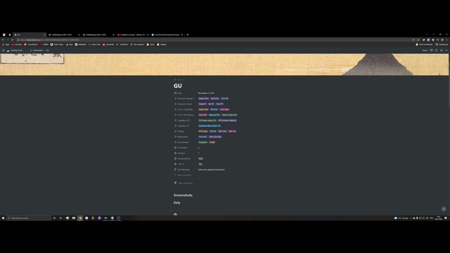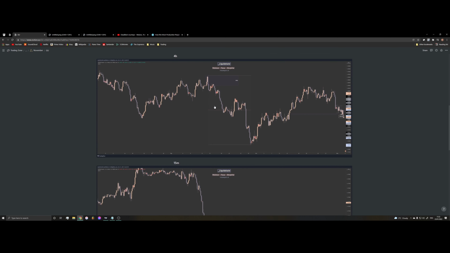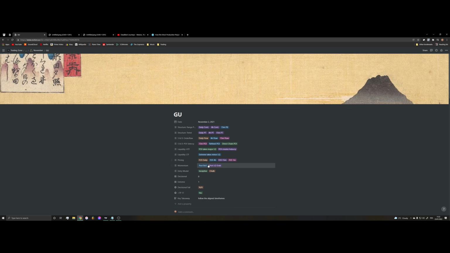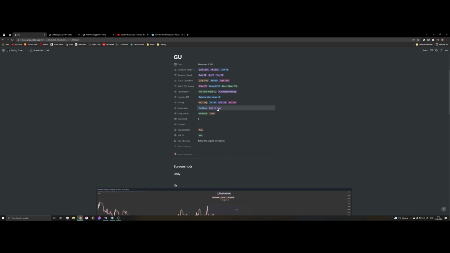So generally I've found that the momentum occurs usually either post break of structure or post liquidity grab. But it can occur from the extreme or be generally aggressive and volatile, or nothing. So for this one, obviously it's post break of structure and post liquidity grabs.